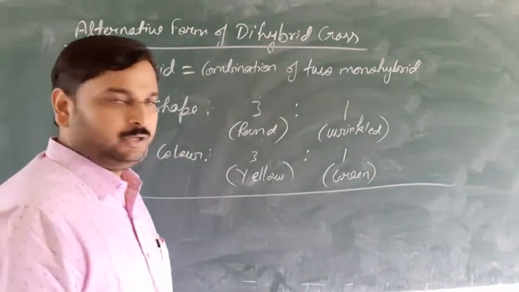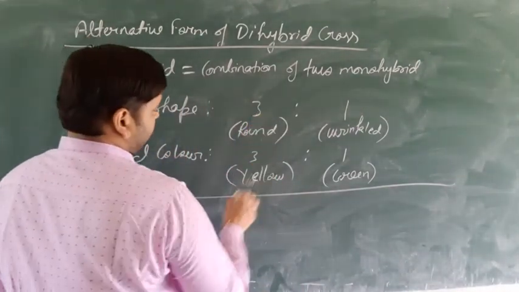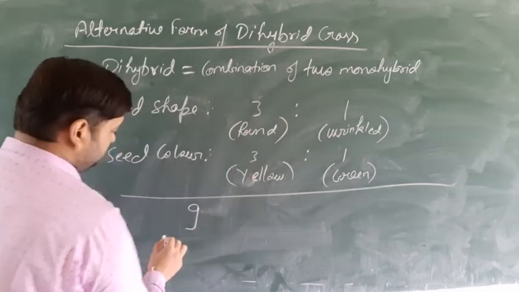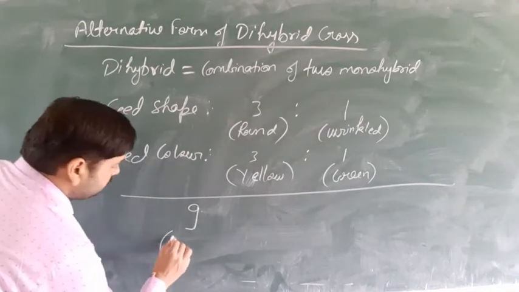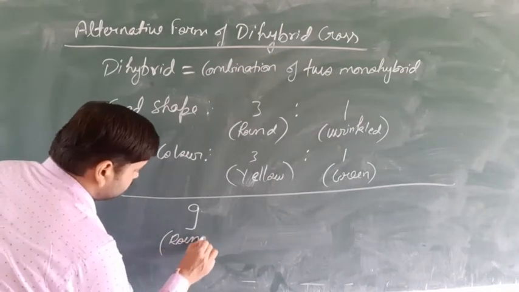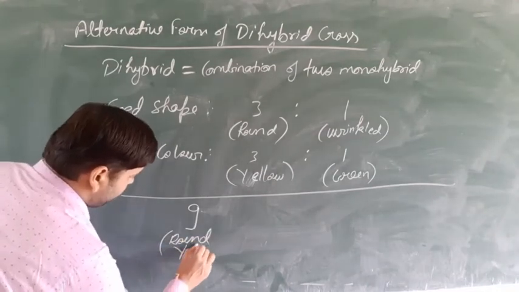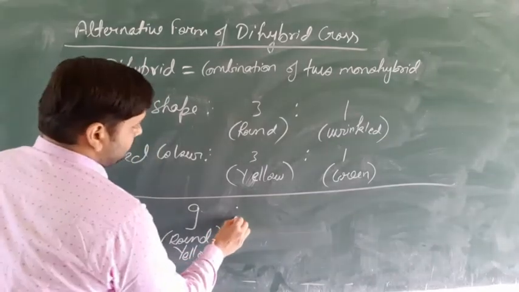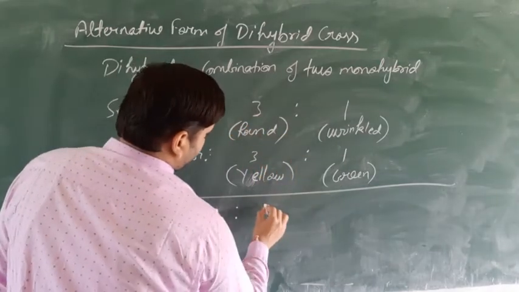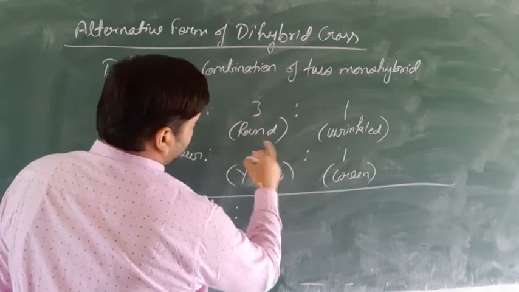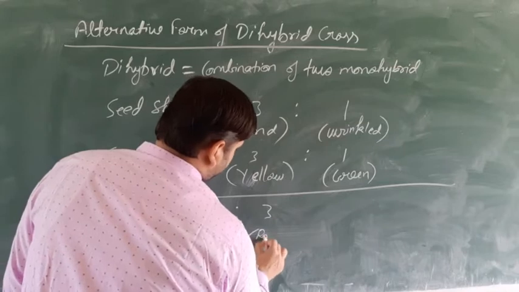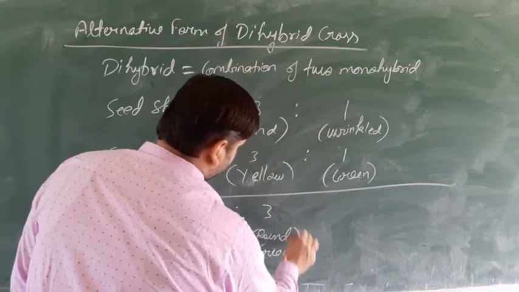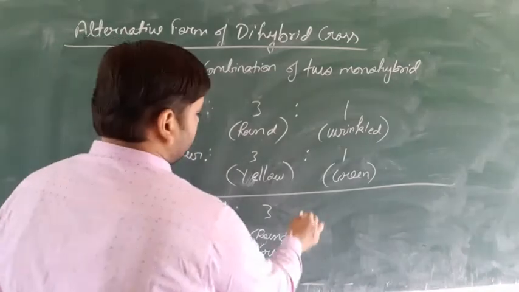Now you make the cross. 3 threes are 9. 9 will be round yellow. Then 3 ones are 3. 3 will be round green.